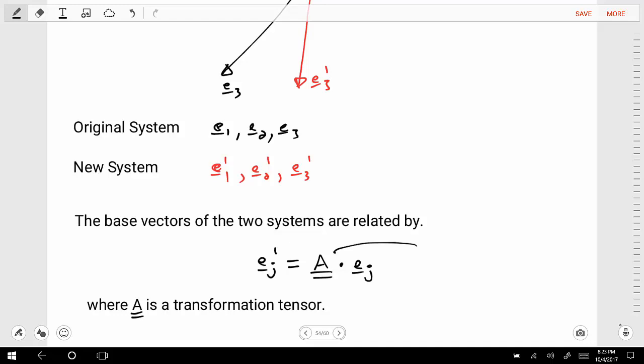And it's important to note that we haven't defined the indices of this transformation tensor. We'll work through the math and then find out what those indices are shortly.